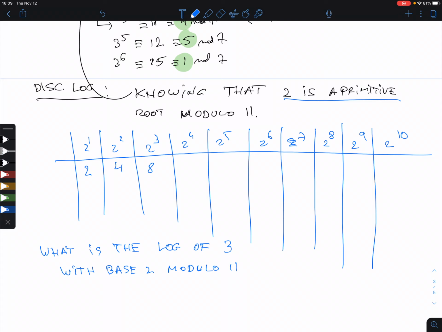Okay, so what do you do? Well, we already started our table here, and then we stopped because the next number is 16. But that is actually equivalent to 5 mod 11. This is all mod 11 that we're working. Everything is mod 11. So this is 32. Or perhaps better, is there a better way?